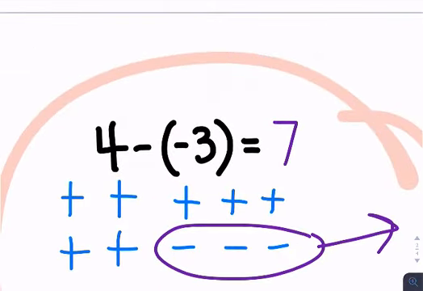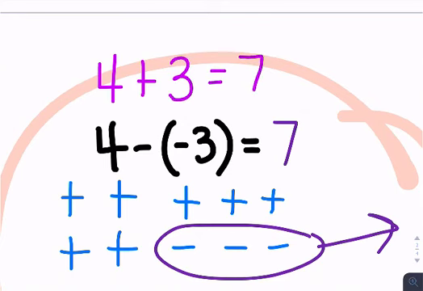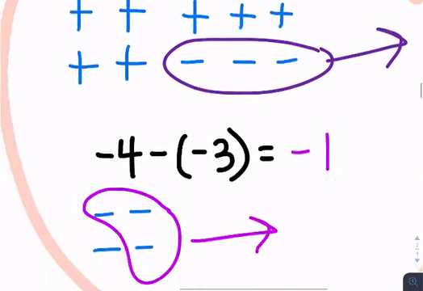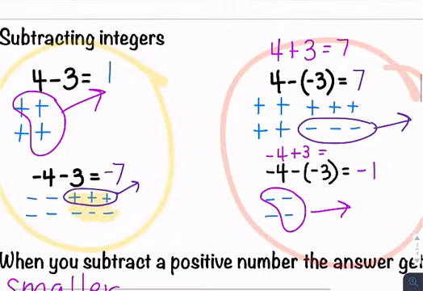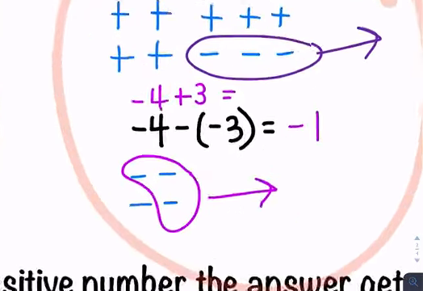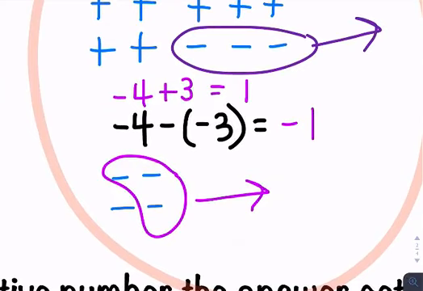So like this one right here, we could also rewrite this as 4 plus positive 3, and we would get the same answer. Same thing here. Negative 4 instead of minus negative 3, plus positive 3, which is negative 1.